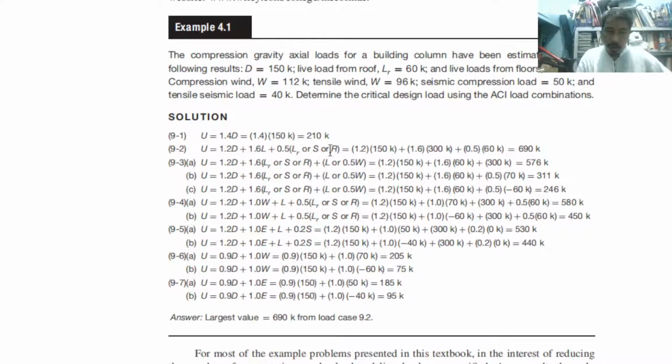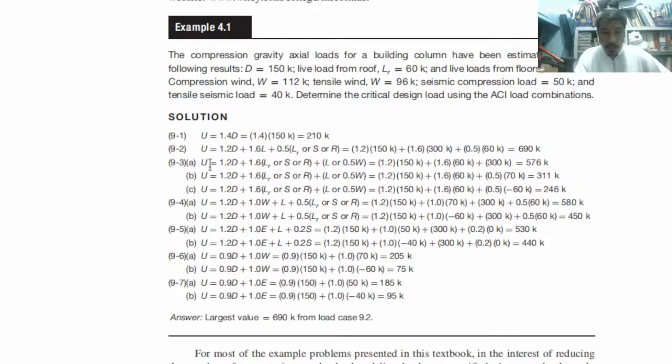There are no snow load, there are no rain load, therefore roof load. Okay, so 1.2 times 150 plus 1.6 times 300 plus 0.5 times 60. That would be equal to 690.